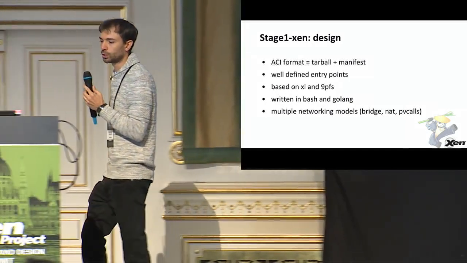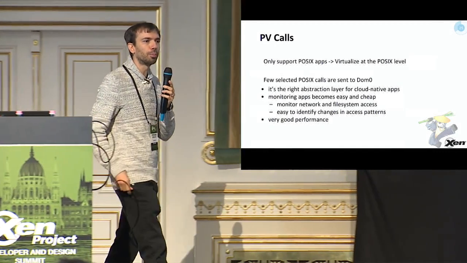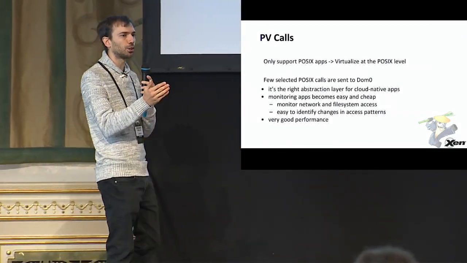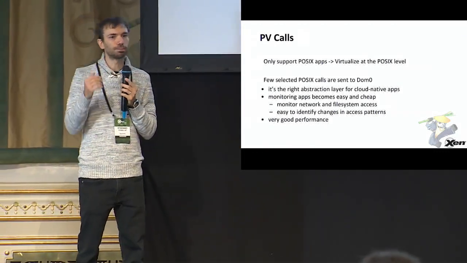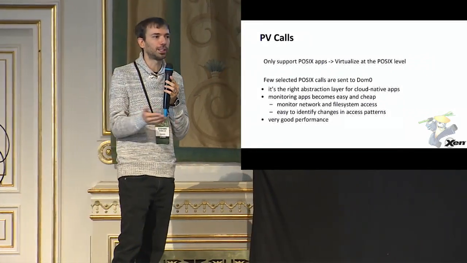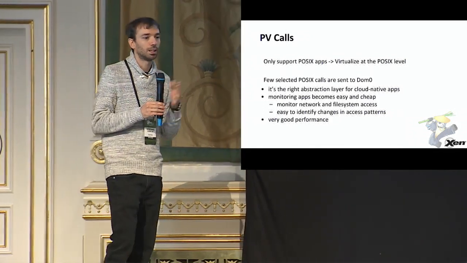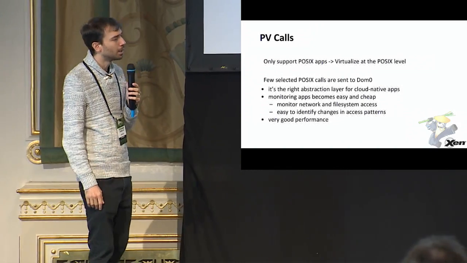Let me spend a couple of words on PV calls. PV calls is a new PV protocol to forward POSIX function calls from guest to host. After all, cloud native apps are POSIX applications, so working at the POSIX level is actually a pretty good match.